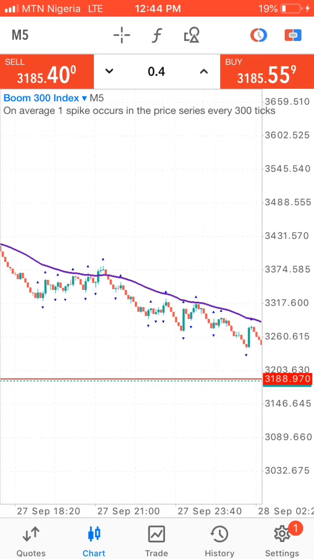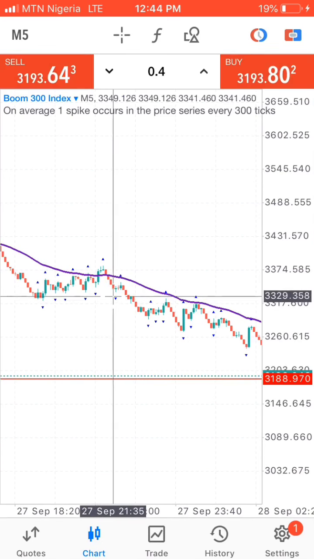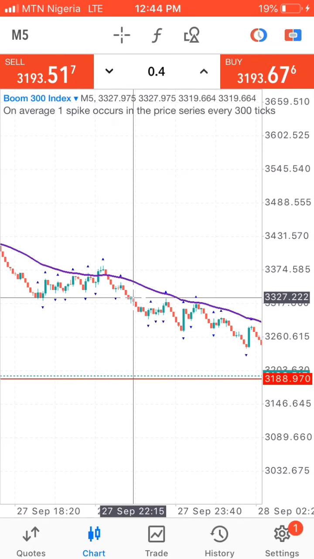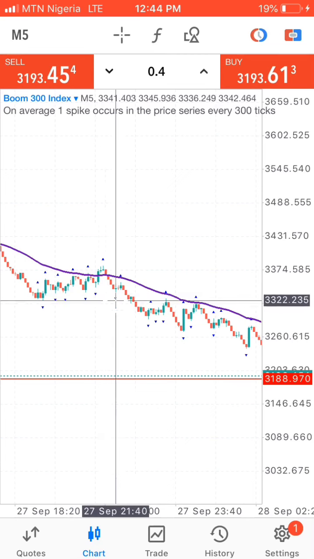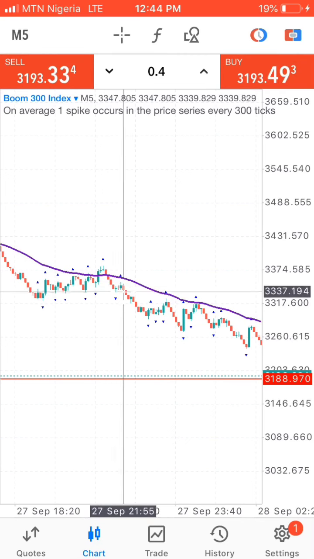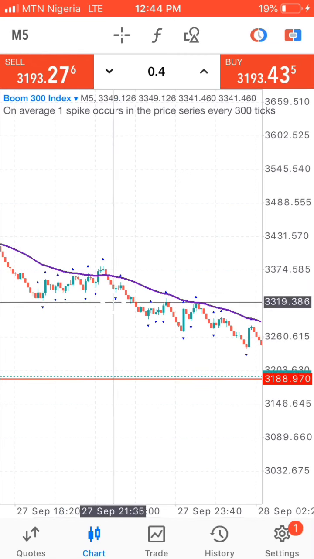Okay, now here is another one here. You see that here is a sort of support that when the market got to this point, it went back up. So now, seeing that after this is our last fractals at this position here, this level here.